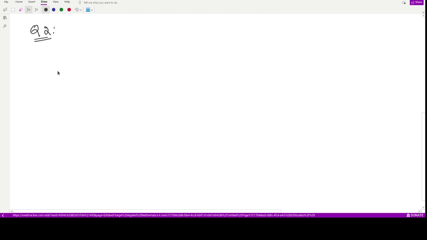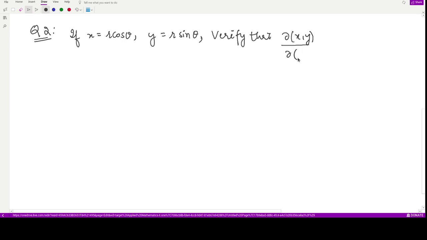So now let us see this question. They say if x is equal to r cos theta and y is equal to r sin theta, then verify that del of x comma y by del of r comma theta multiplied by del of r comma theta divided by del of x comma y is equal to 1.